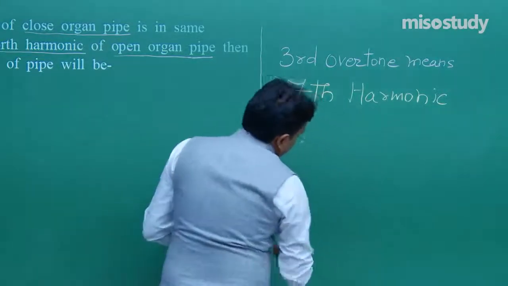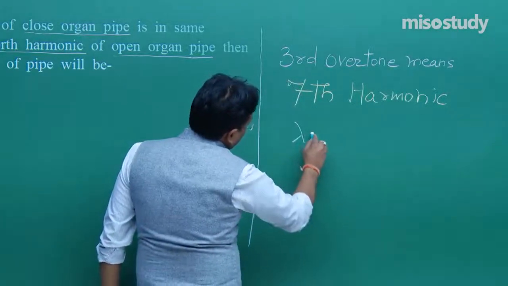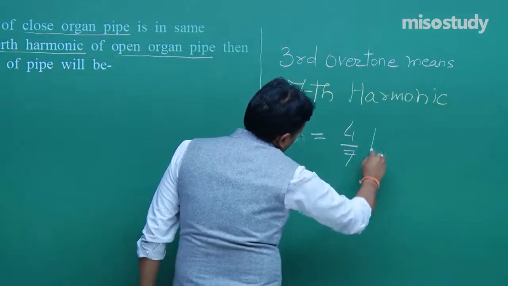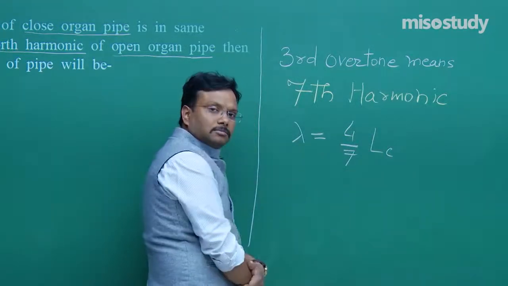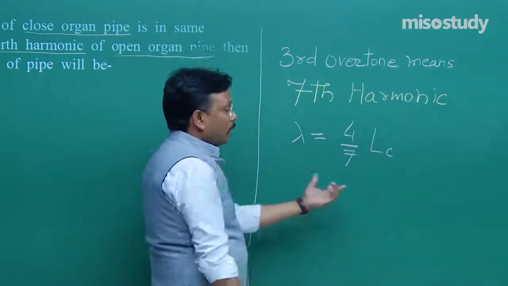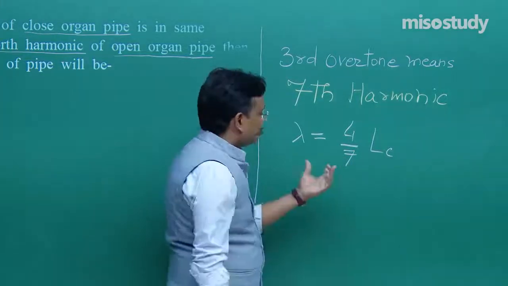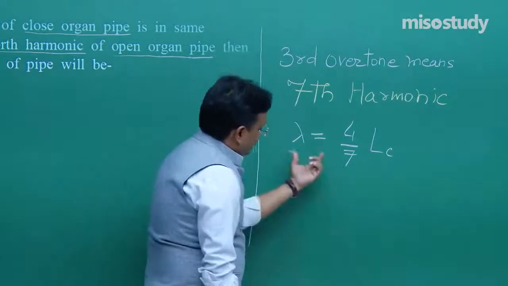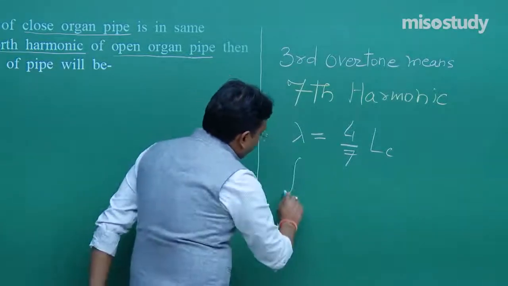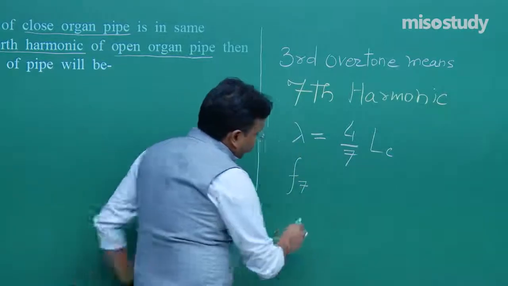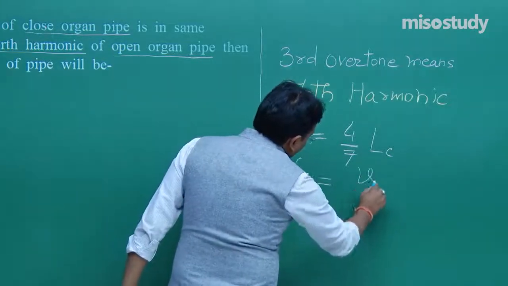Now, here I can write down lambda is equal to 4 by 7 LC, fine. What is the symbolic representation of LC? Length of that air column. Then F7, frequency of the 7th harmonic, F7 is equal to V by lambda.